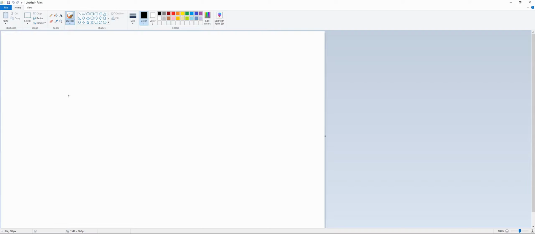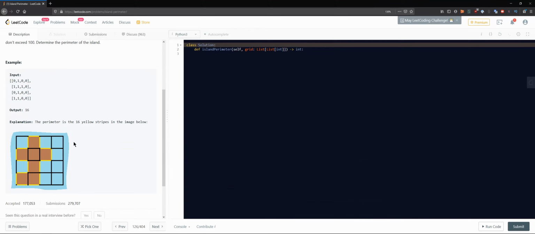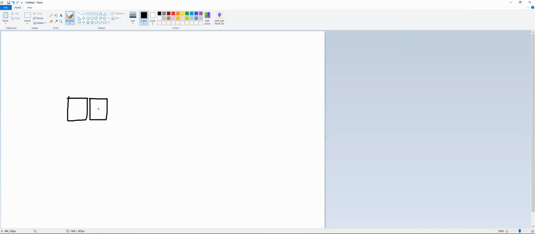So if we have one square and another one, they have to basically touch for them to be considered part of the island, and we know they always touch at least one more square. So basically each square touches at least one more. You can already see the maximum value of not touching sides is 3 for each of them, right?